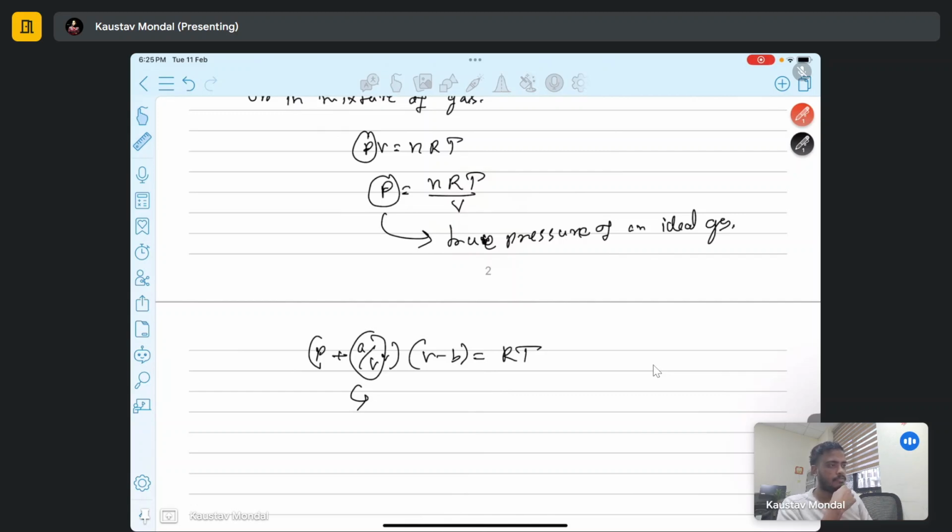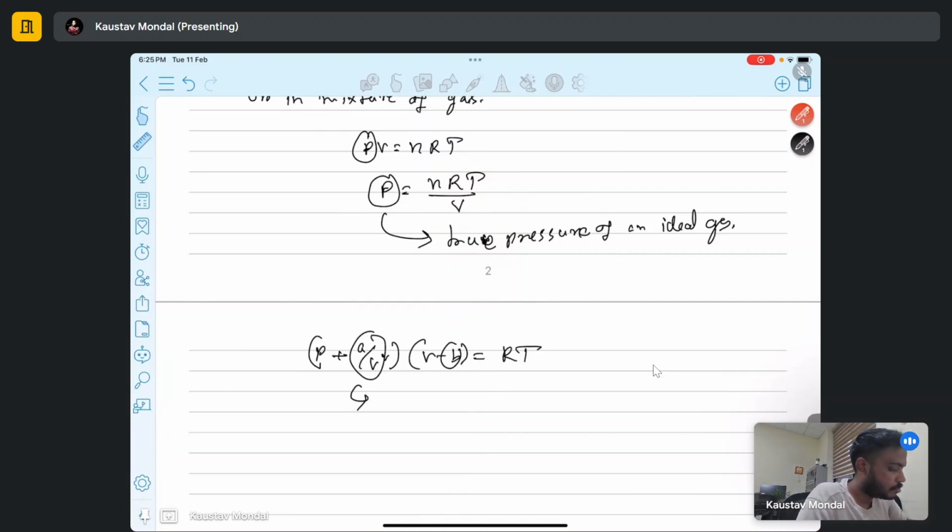Similarly, for ideal gas we consider the gas molecule as point size, but for real gas we have to consider a considerable size of the molecule. So there is a correction term in the volume also.